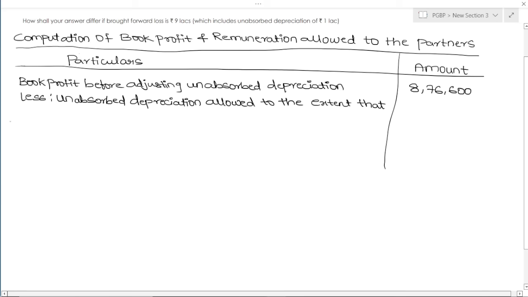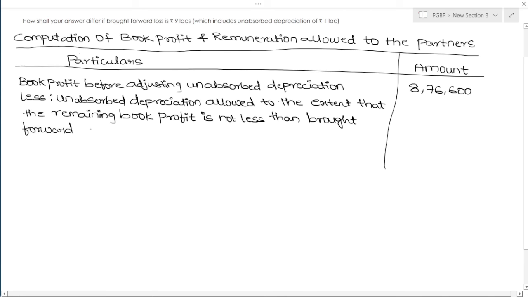It is allowed to the extent that, but not the total 1 lakh. How much? Let's see.